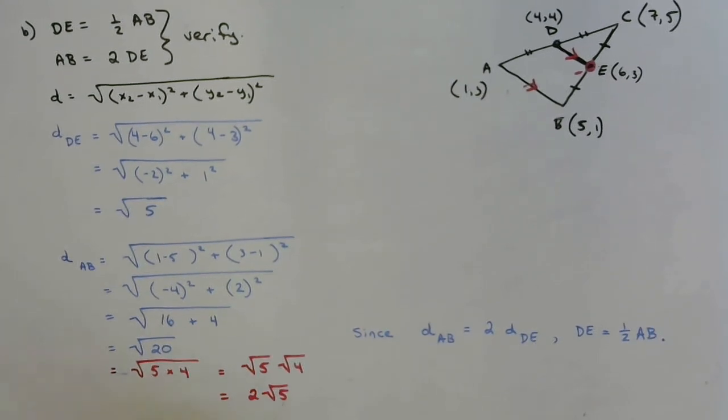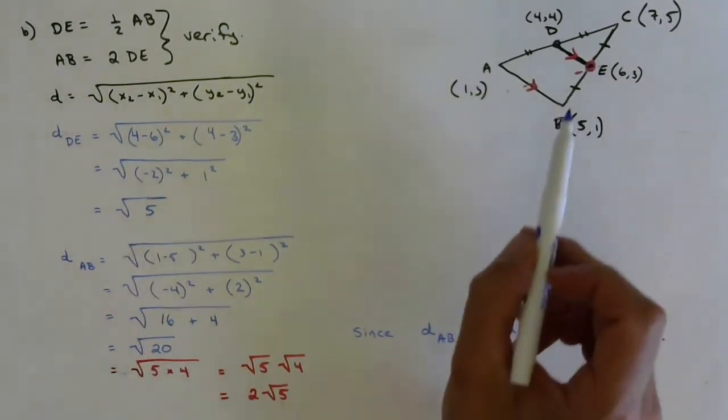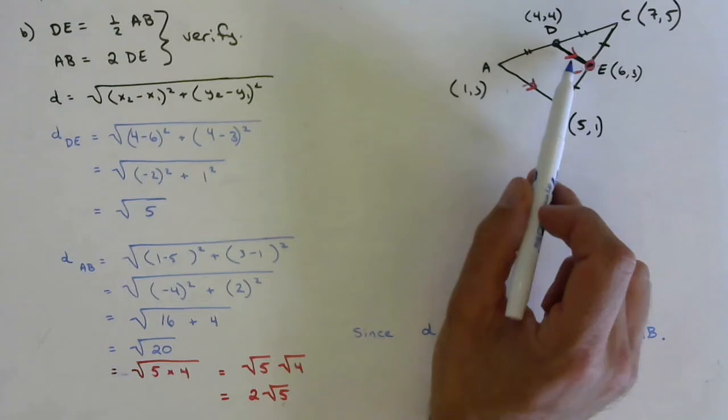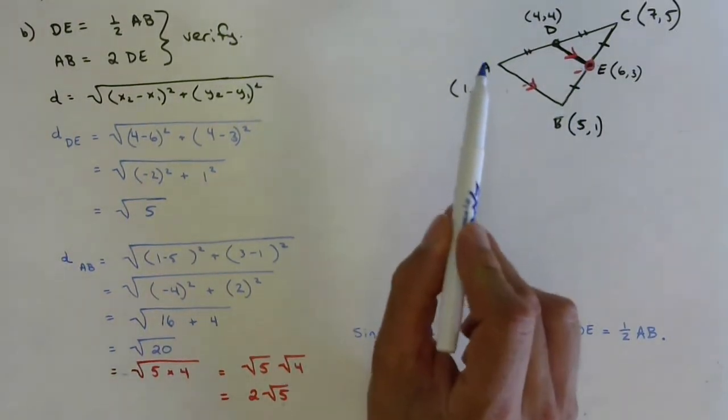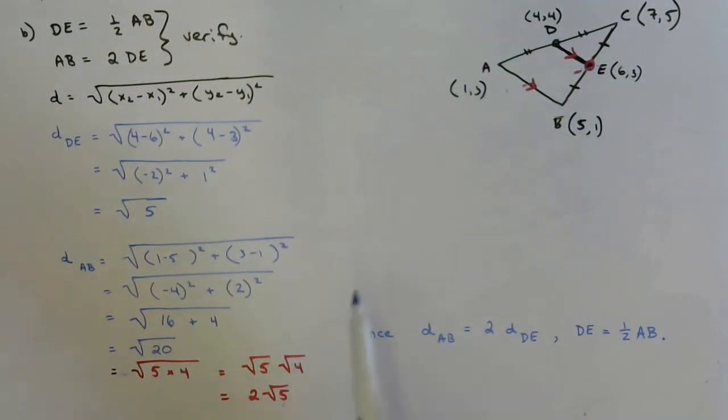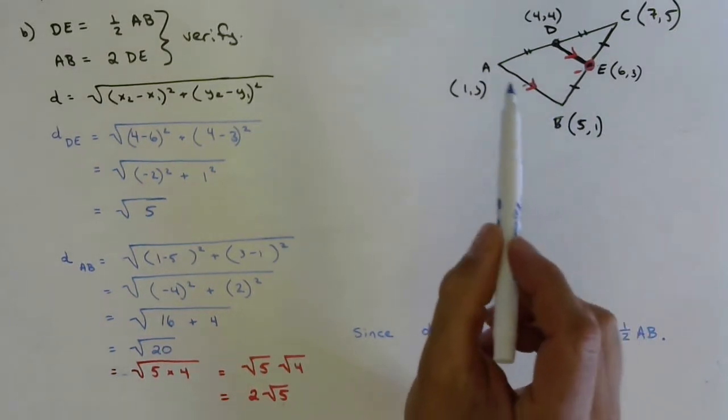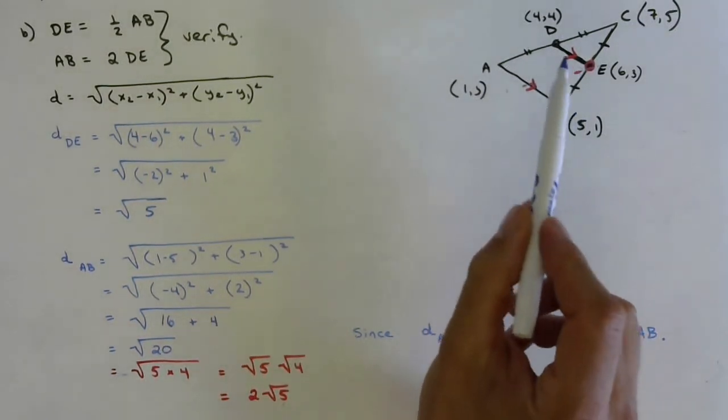Because we came out with radical 5 for our short line, our middle line here, and radical 20, or 2 times radical 5, for our longer line, well, we know the longer line is exactly twice as long as the shorter line.